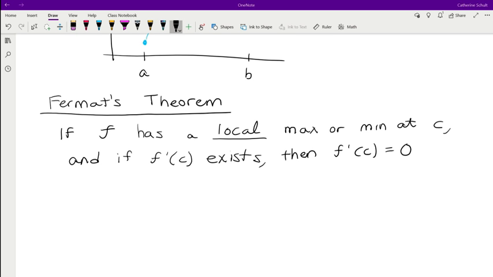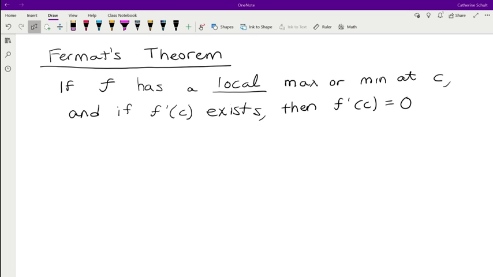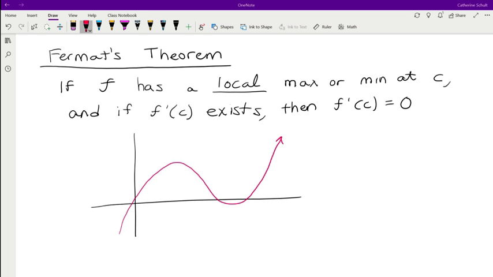All right. And again, we've been talking about that for a while, right? We know that at those local minimums and local maximums, the slope is 0. We're calling this C. That means f prime of C has to be 0.